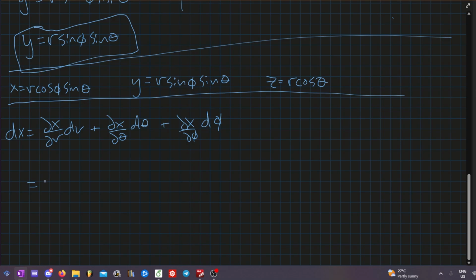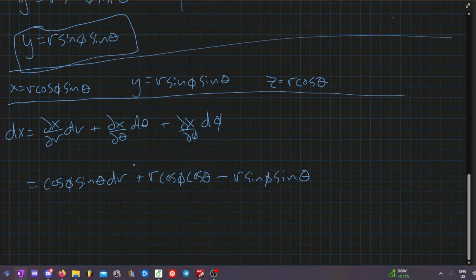So in terms of r, we get the cos phi sine theta times dr plus dx by d theta is going to give us our r cos phi cos theta and then minus r sine phi sine theta.